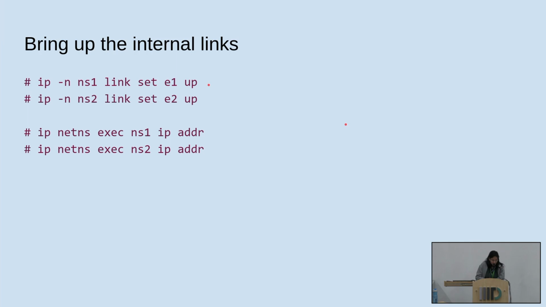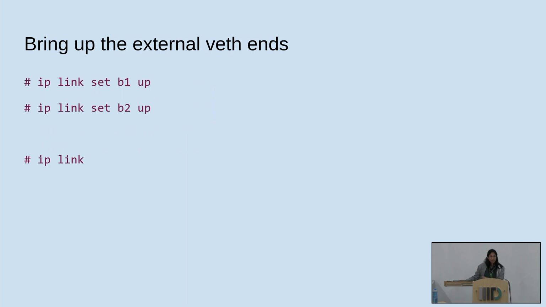If yes, then we just set these interfaces up. Right, so if the interfaces are up, we set the other interfaces of the veth pair, that is b1, b2 also up.